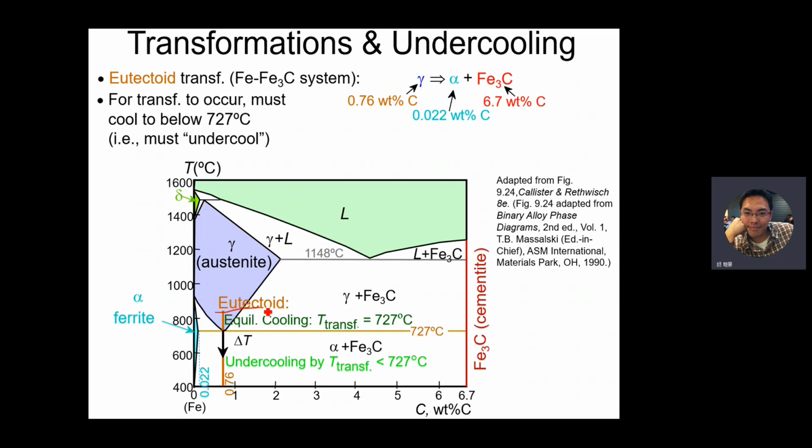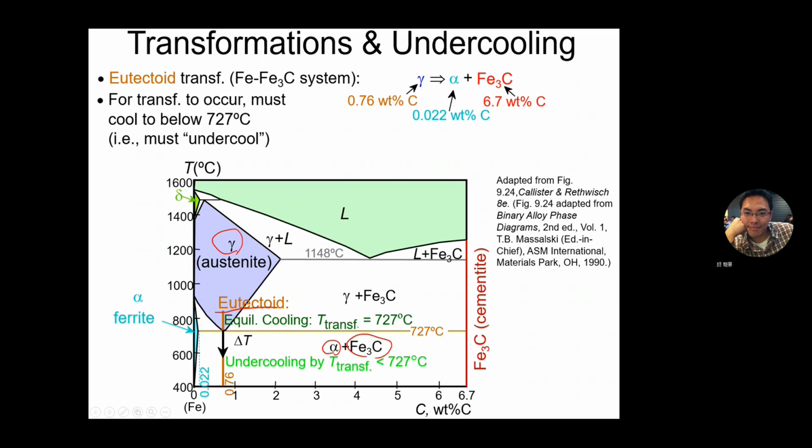So the eutectoid reaction will occur at a composition of 0.76% carbon content, right? Because in this reaction one single solid transforms into two solid phases, right? Alpha and the cementite. Cementite is the intermetallic compound, right?